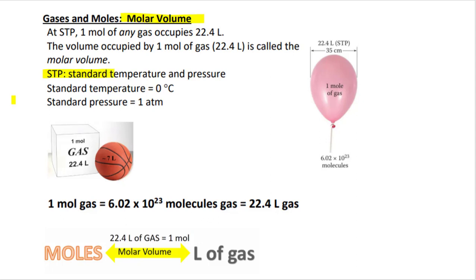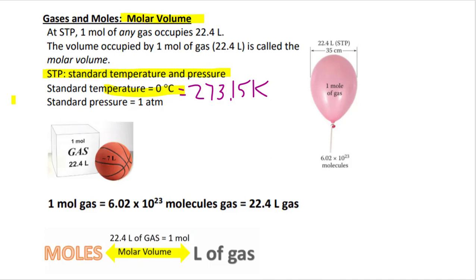The STP is standard temperature and pressure. Standard temperature is 0 degrees Celsius, which is 273.15 Kelvin, right? Those are equal to one another.